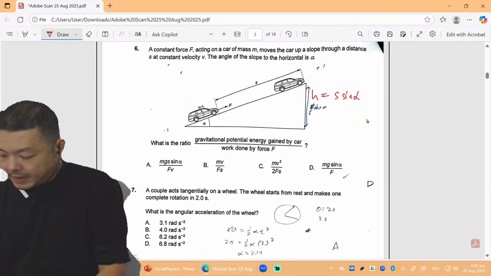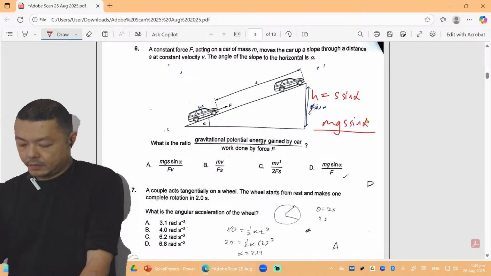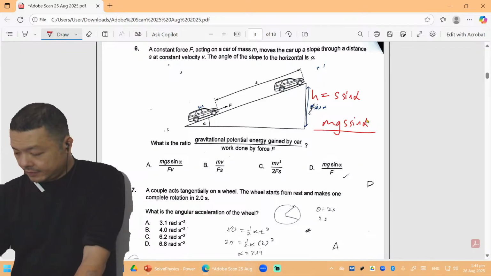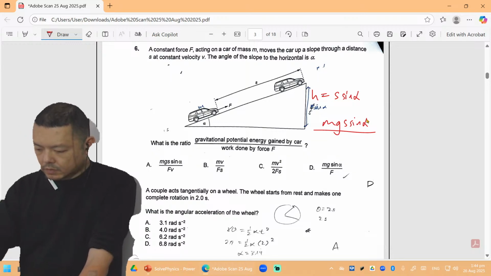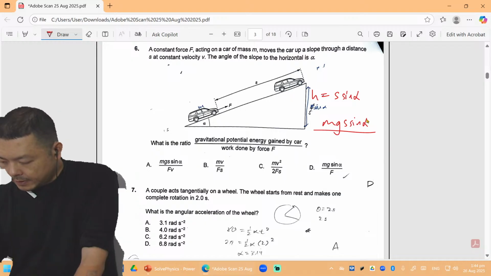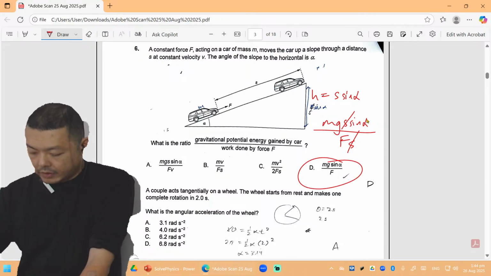So the GPE gained by the car will be mg S sine alpha over what's the work done by force F? Work done by force F. It's just F times S, right? So the S should cancel off. And for D's answer, okay, that's fine.